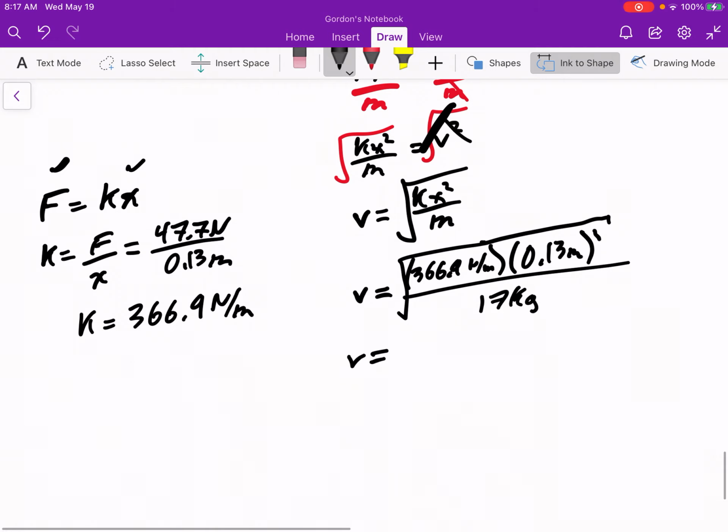So if we plug all of these numbers in here, we can see that the maximum speed that this thing is going to be moving as it passes through the equilibrium point is 0.60 meters per second.